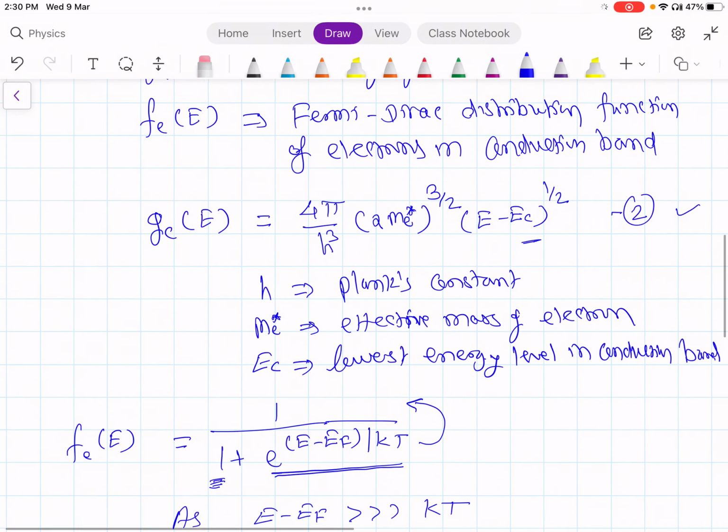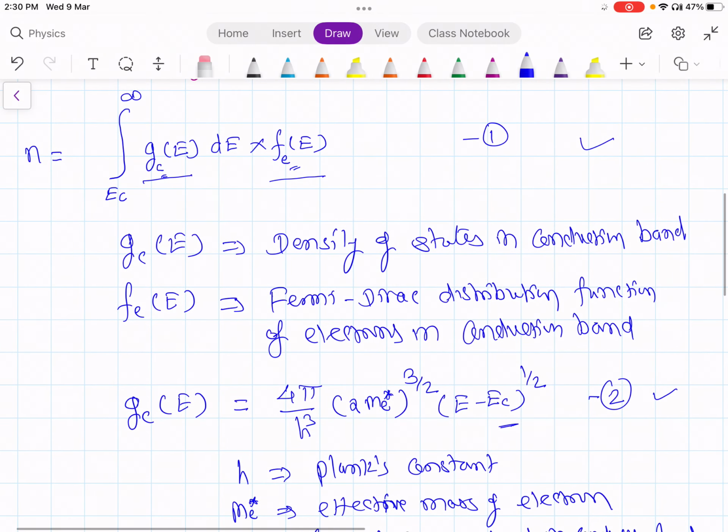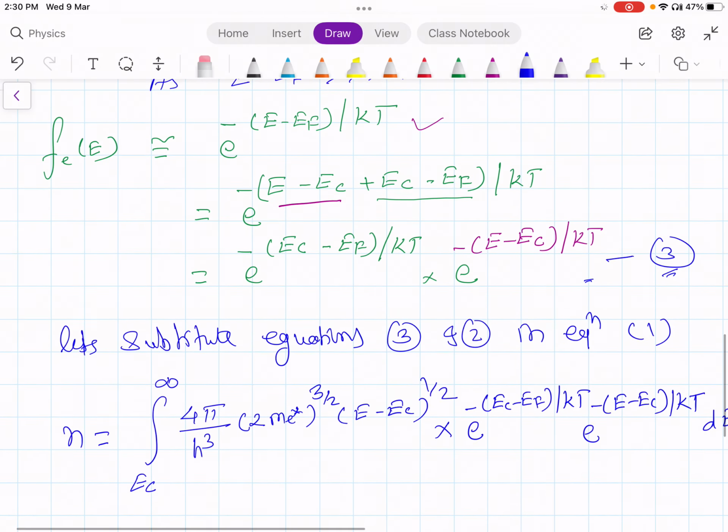So we have just substituted equations 3 and 2 in equation 1.